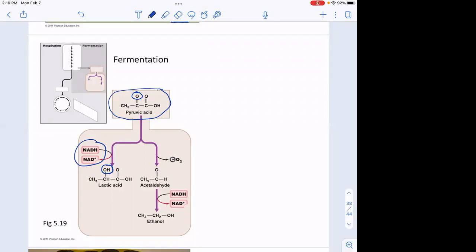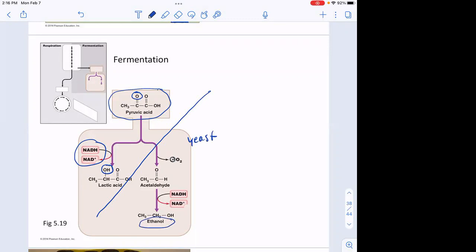A lot of bacteria do it. Another pathway, so this figure makes it look like, oh, you can go either way. Well, no, some organisms can do that. A lot of bacteria can. Other organisms like yeast will do an alcohol fermentation. Okay, so you end up with some end product.